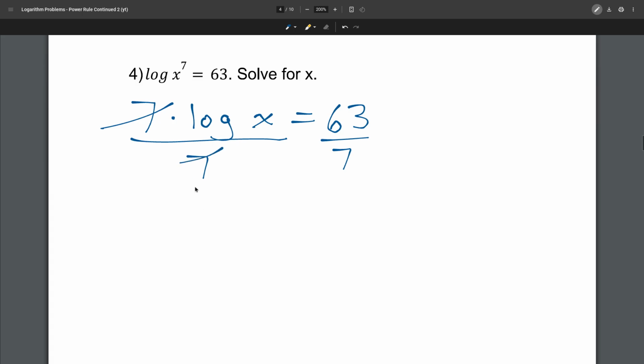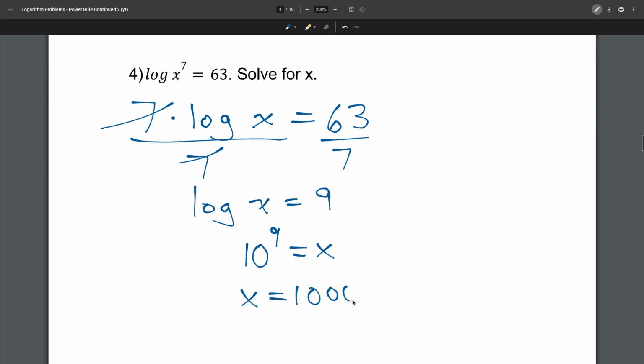The 7's are going to cancel here, and I'll have the log of x equal to 9. Log has a base of 10, so I'm going to say 10 to the 9th power equals x. So x is going to equal a 1 with 9 zeros after it. So 1 billion.